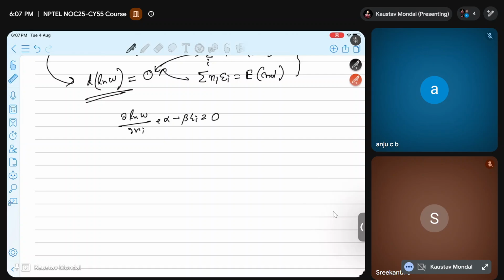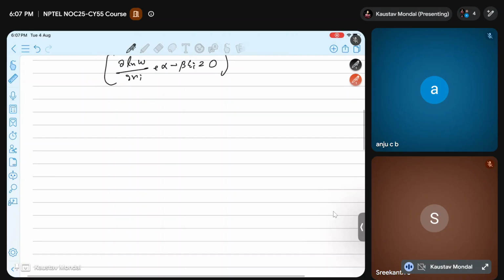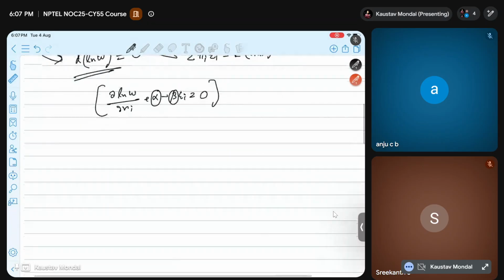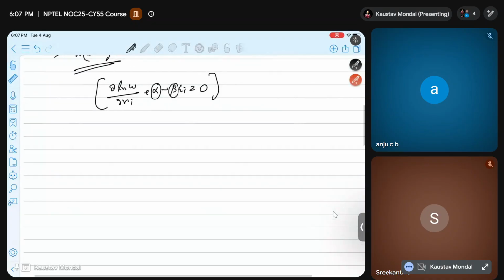If you apply this Lagrange method of undetermined multipliers, the first thing you have to calculate is the value of these two undetermined multipliers, alpha and beta. So we have calculated alpha and beta.